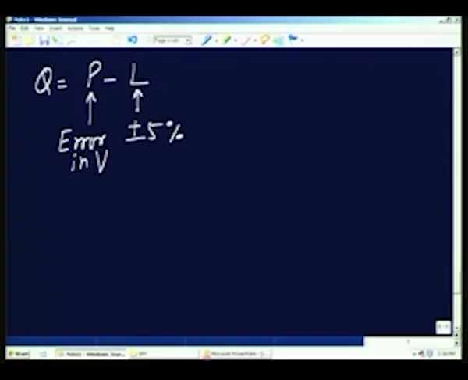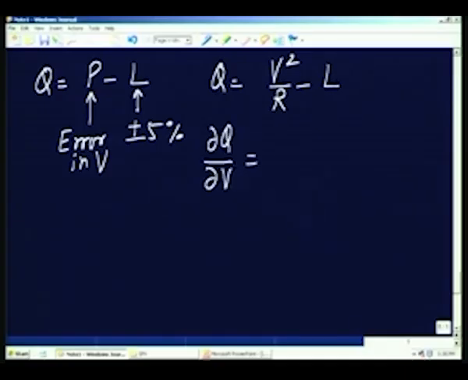We are again assuming that the resistance has no error specified on that one. So, we have Q equal to V squared by R minus L, and therefore, I can find out the partial derivatives, and dou Q by dou L is equal to minus 1.